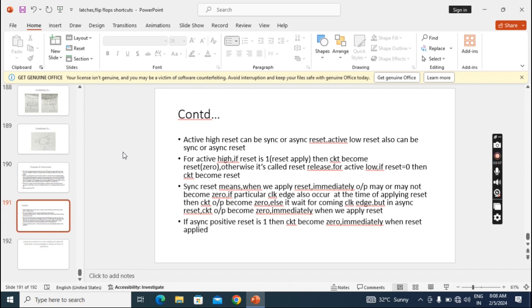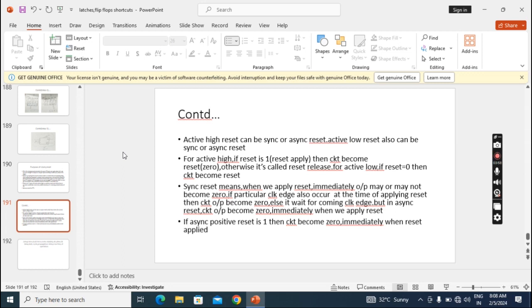At that time the circuit becomes 0. Okay, so it is in sync with clock. That's why synchronous reset. Suppose if we take asynchronous reset, immediately when we apply reset, the circuit output becomes 0. It won't wait for the clock edge. That is called asynchronous reset.